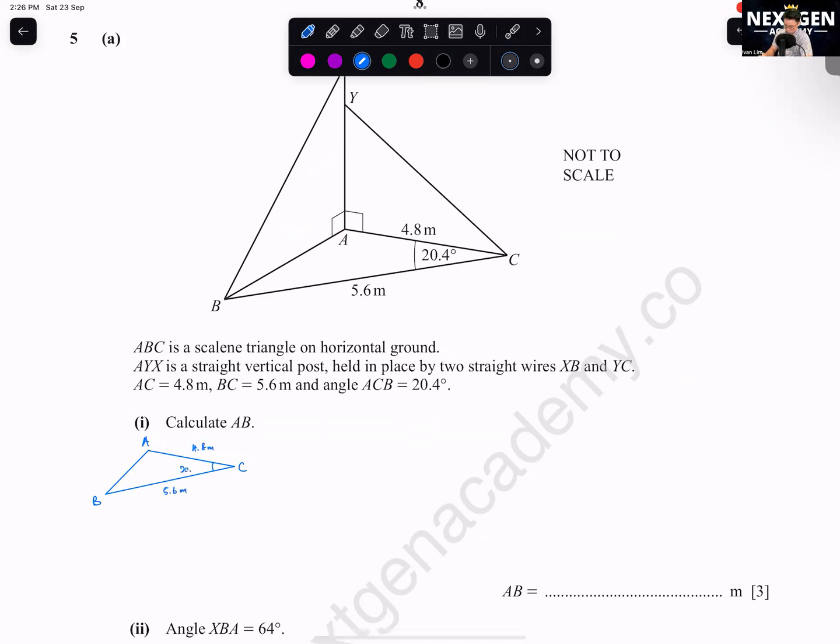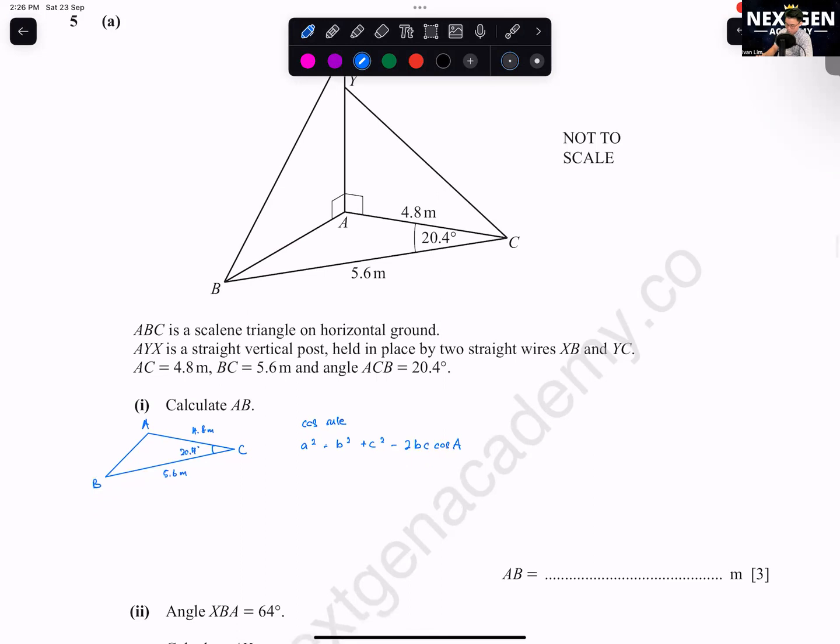Here is 20.4 degrees. This is a crocodile mouth, right? Can you see the crocodile mouth with the tongue? So we're going to use cos rule. Cos rule is A square equals to B square plus C square minus 2BC cos A. Substitute inside. Your A is the AB, the unknown one.